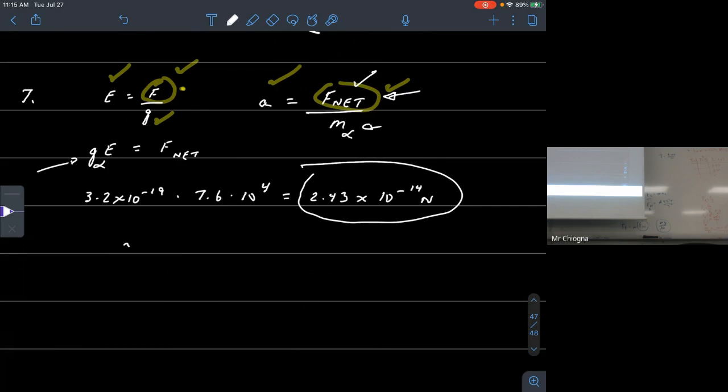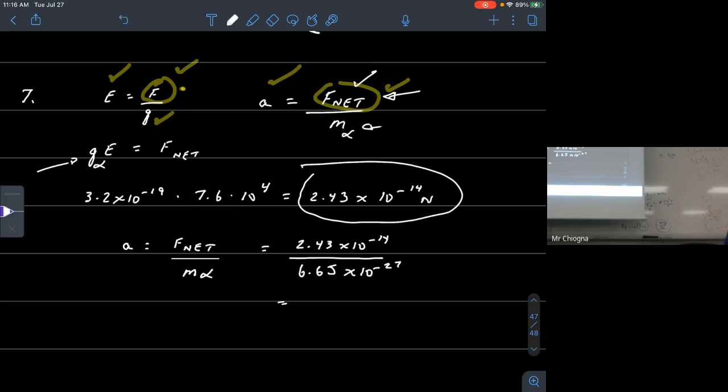Okay, so A is net force divided by mass of the alpha. 6.65 times 10 to the negative 27.